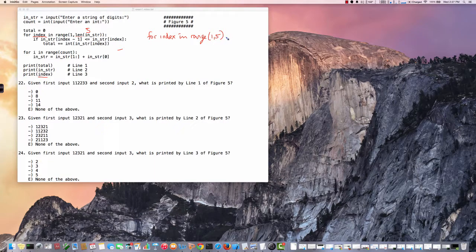And what's the last value of index? Well, remember with the range we go up to but not including the last one. So we go through 1, 2, 3, and 4, and then we stop. So the last value of index will be 4. It doesn't go one beyond it and then try to stop.